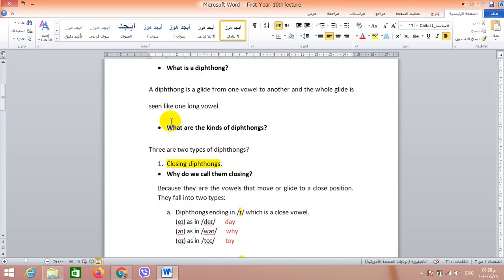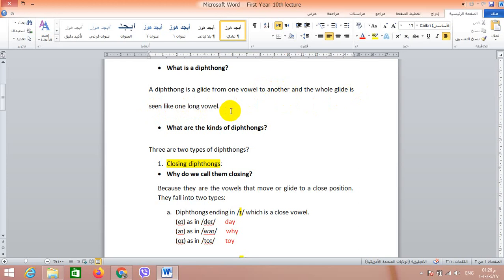So, what is a diphthong? A diphthong is a glide from one vowel to another, and the whole glide is seen like one long vowel. So, even though a diphthong is a movement from one vowel to another, it does not mean that we have two vowels.